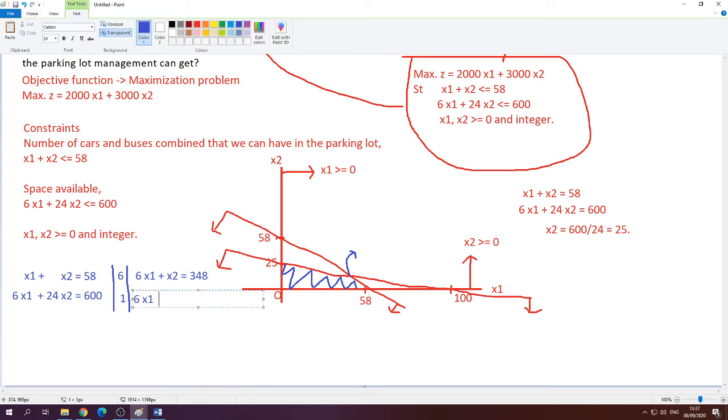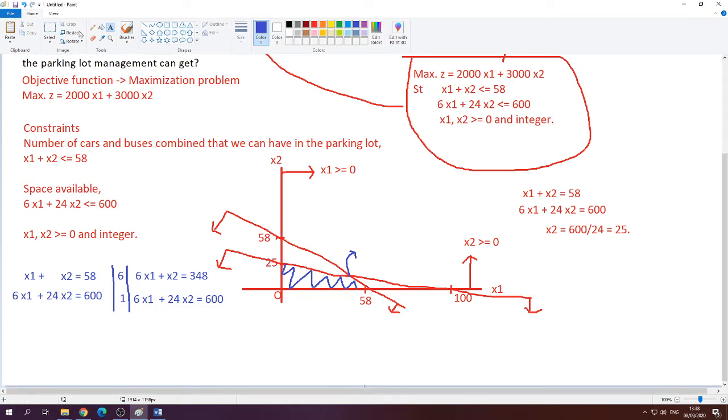So we have 6x1 plus 24x2 equals 600. Then I put the minus sign here because I'm going to eliminate x1.